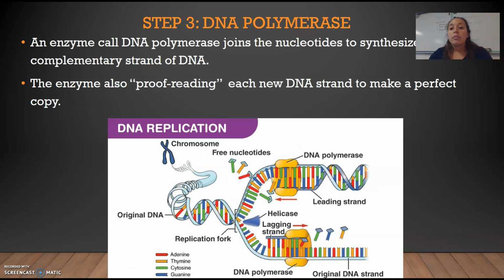So DNA polymerase, this is another enzyme. So there's 2 enzymes we just talked about, helicase, and the other one's called DNA polymerase. This enzyme called DNA polymerase will attach to the new strand and join the nucleotides to synthesize a new complementary strand of DNA. So when it breaks apart, this DNA polymerase will attach and read, okay, adenine, we need a thymine, boom.